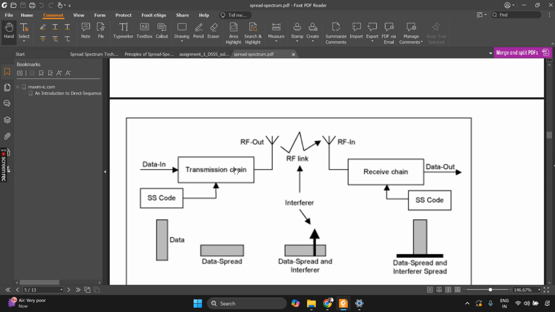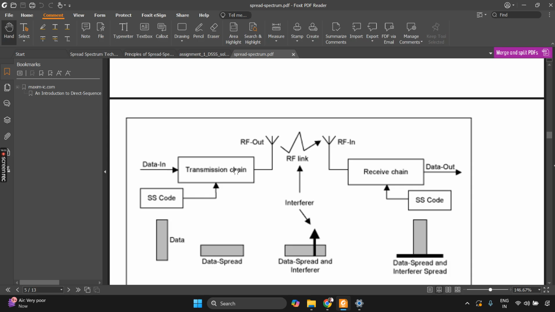Similarly, if there is some other signal, it cannot interfere with our spread spectrum signal, because the key that is there can only decode a message of a certain kind.